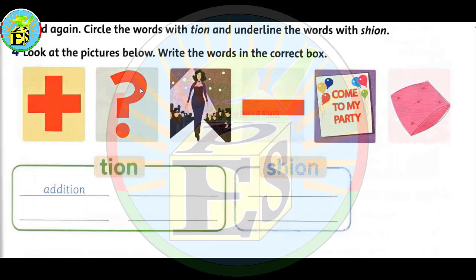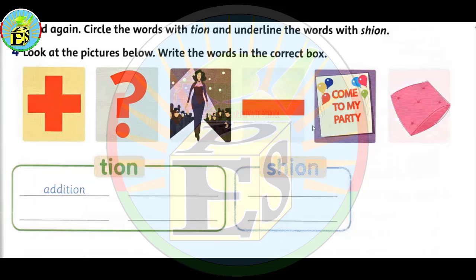Where do you think we should write this word? Does the word question end with T-I-O-N or S-H-I-O-N? The second is fashion. This is a fashion show. Where do we need to put this word? And then we have the subtraction sign.